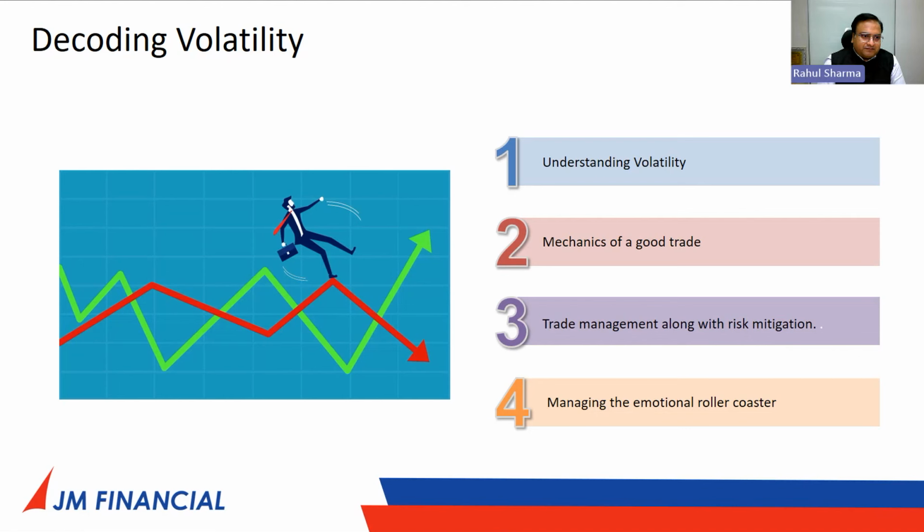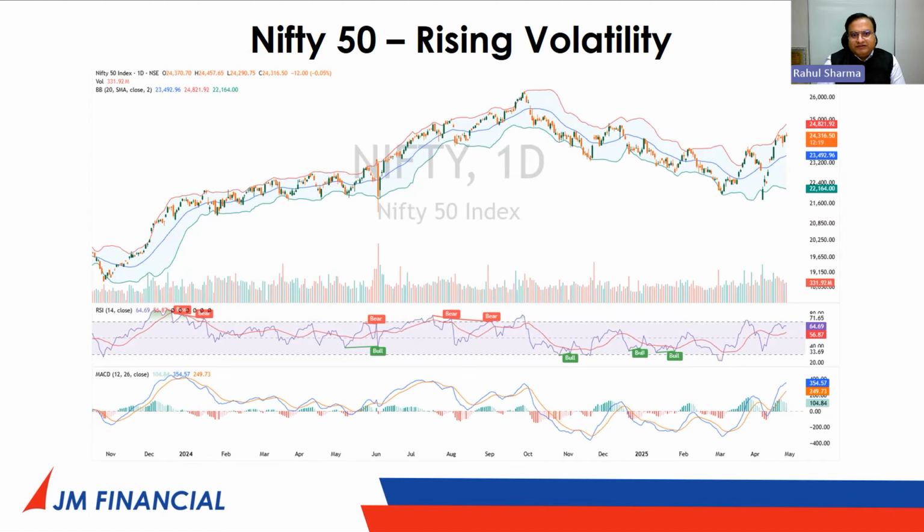Coming to quantifying the volatility, which is the first slide. As you can see in this graph, we've plotted the Nifty index over this period, and on the price chart there are these bands which have been created at different stages. What do these bands suggest? The thickness of these bands has varied across a period of time.